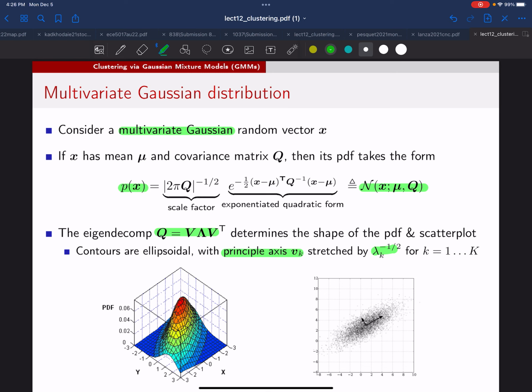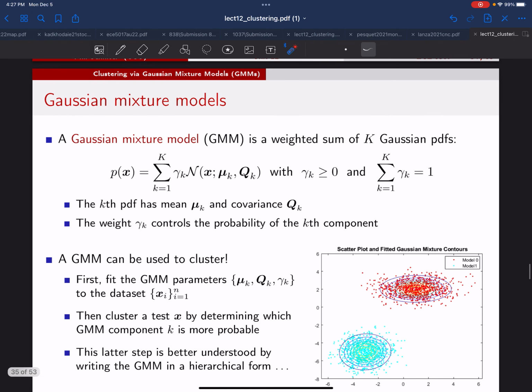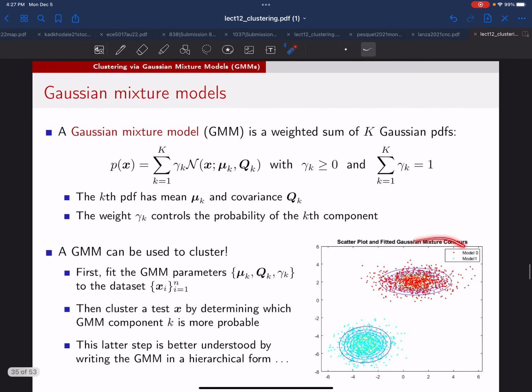Okay, so when we use these multivariate Gaussian models, we have a pretty convenient expression. We can understand what's going on from the ellipsoidal contours, and it's a good approach if we have data that looks like this. Now, sometimes we instead have data that looks like this.